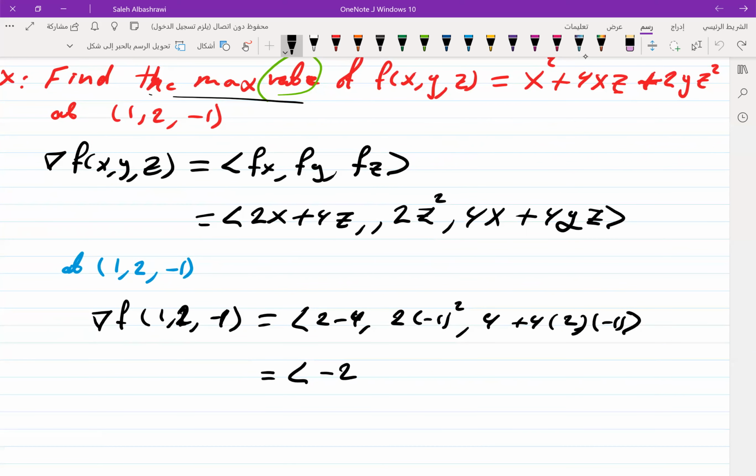This is minus 2, 2, and I will have 4 minus 8 equal to minus 4. Now the maximum rate is equal to the magnitude of the gradient.